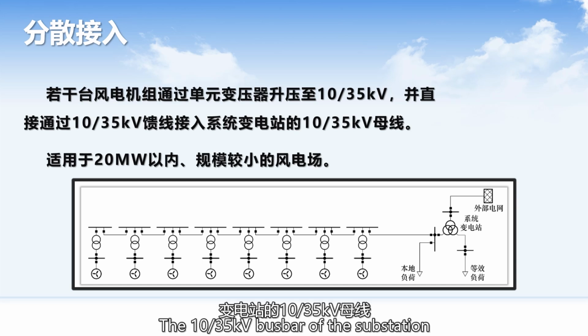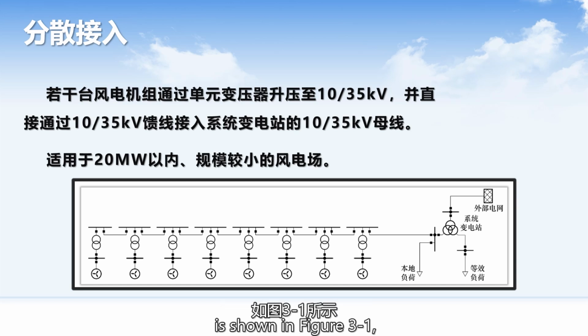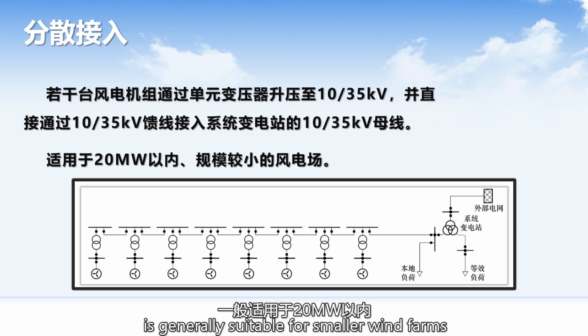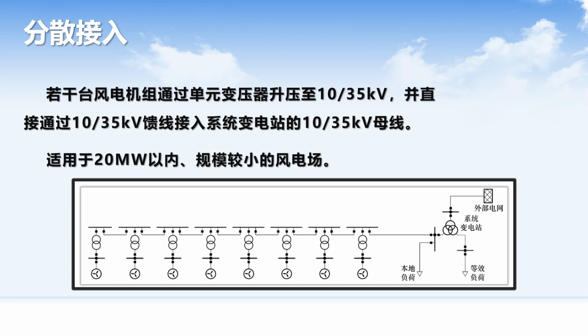The 10 to 35 kilovolt busbar of the substation is shown in Figure 3-1, and this connection method is generally suitable for smaller wind farms within 20 megawatts.